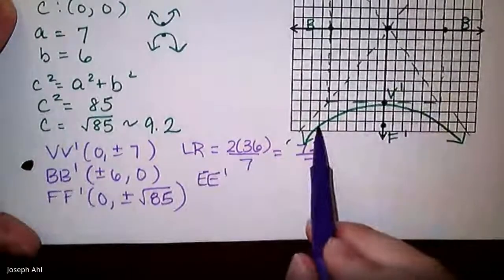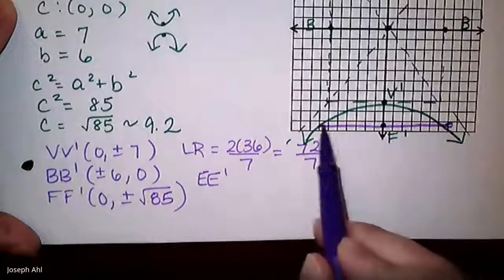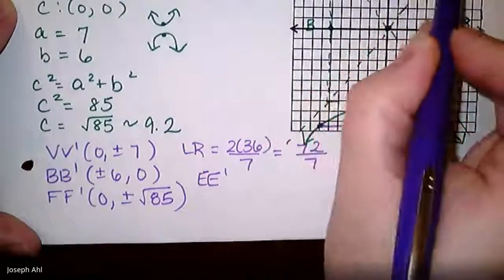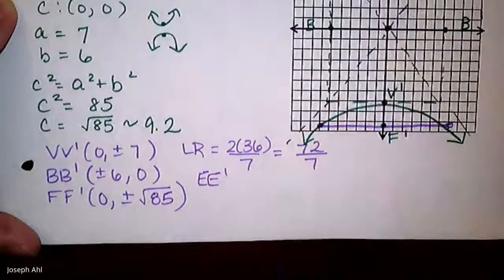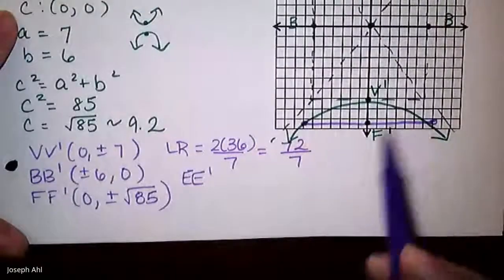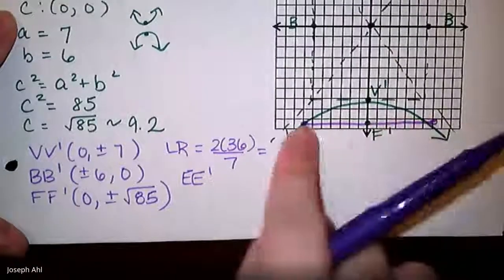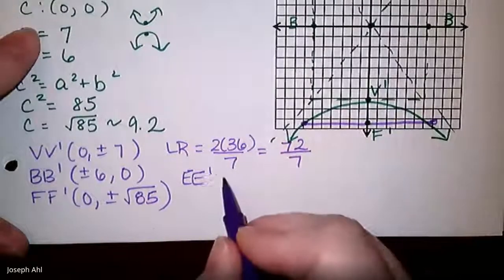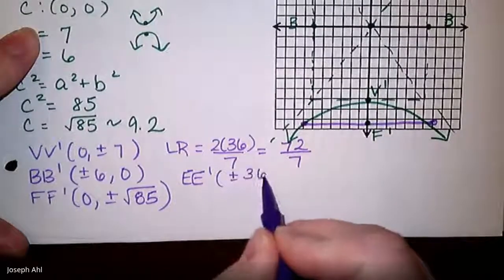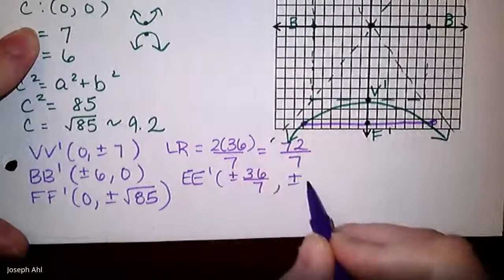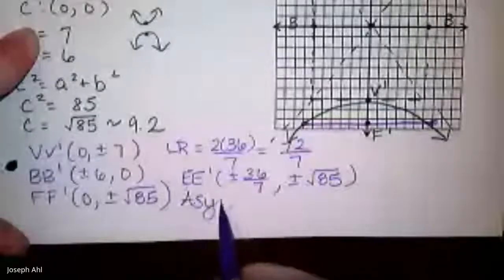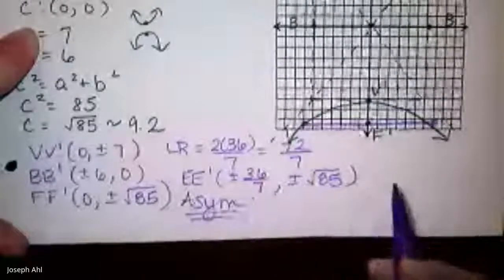Okay, this time the LR segments are horizontal like this. I know you probably can't see this right now, but I'm drawing the same segment up there. There it is. All right, so how do I get there? Well, I have to go left and right from the focus, half of this distance. So it's going to be plus or minus 36 sevenths, and then plus or minus the square root of 85. Last thing is the asymptotes.